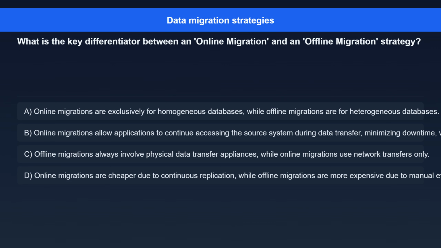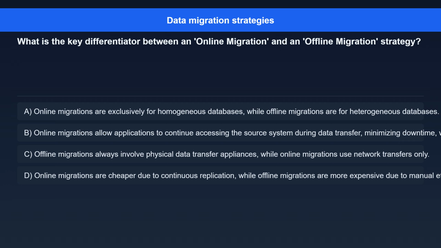Question 2. What is the key differentiator between an online migration and offline migration strategy? Option A. Online migrations are exclusively for homogeneous databases, while offline migrations are for heterogeneous databases. Option B. Online migrations allow applications to continue accessing the source system during data transfer, minimizing downtime, whereas offline migrations require temporary application shutdown.